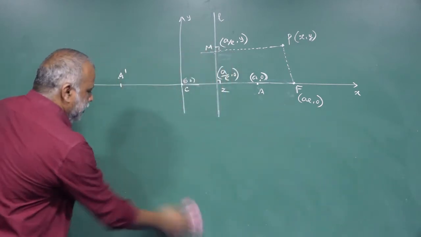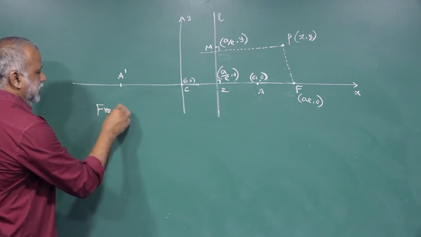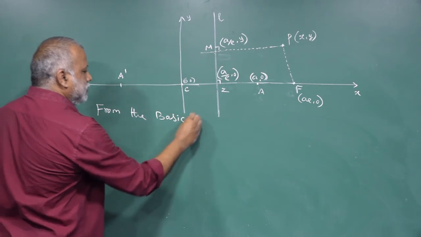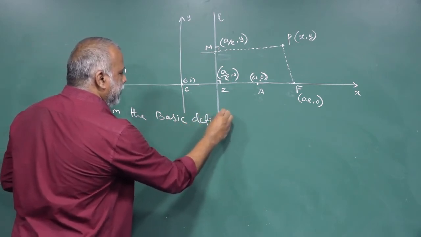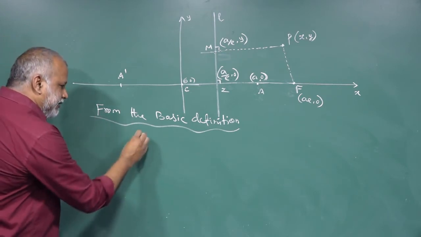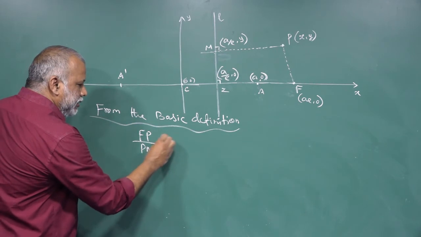Now listen. From the basic definition of conic, what is the basic definition? Already we know FP by PM equals e.